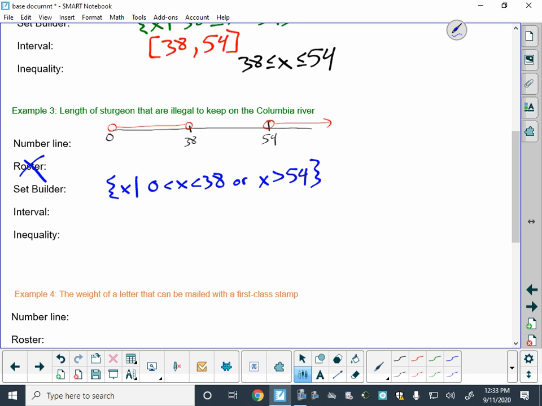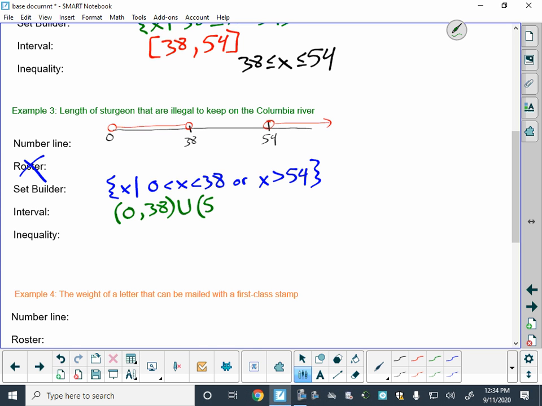Okay. Our interval notation, in this case, we start at a 0 with a parentheses, because the parentheses corresponds to the open circle, not like those square brackets that corresponded to the closed circles and the equal to's in the inequalities. So this is from 0 to 38. Together with, this is called a union symbol. It looks like a capital U without the little tail on there.